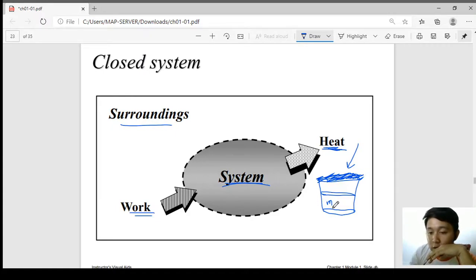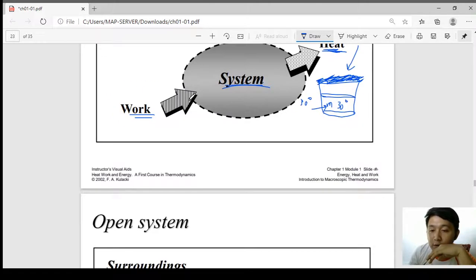So it will reach thermal equilibrium. The 30 degrees Celsius surroundings will go to the 22 degrees, so it will balance out and the water also becomes 30 degrees. So is there mass flow? There is no mass flow but there is energy flow. That is a closed system.